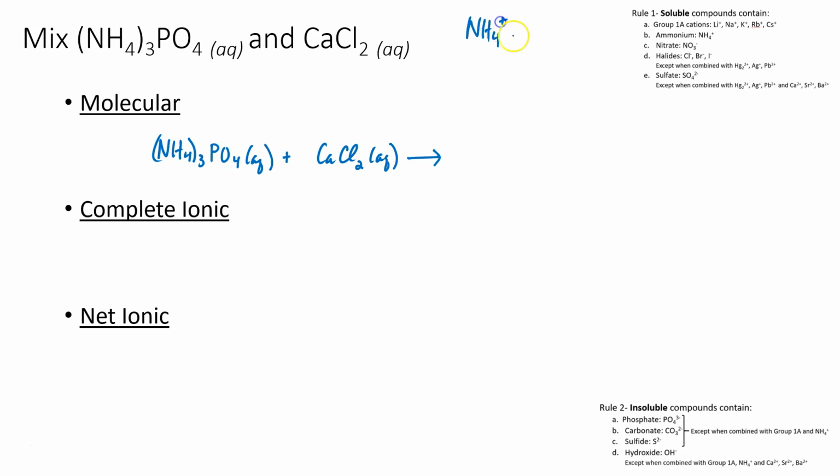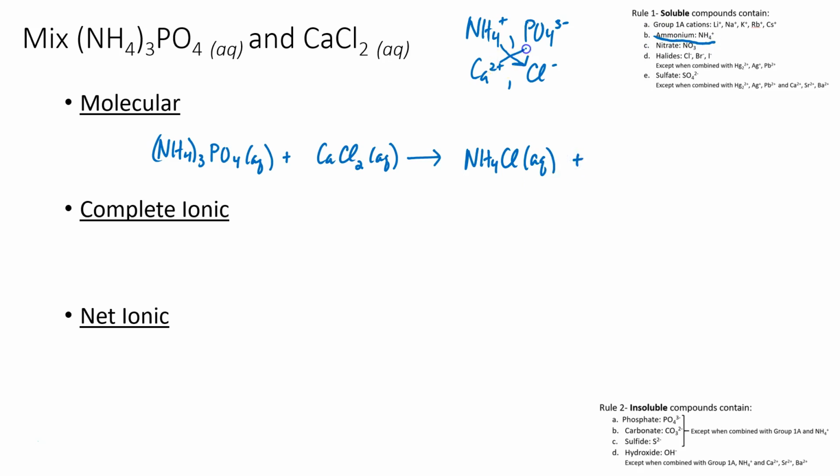I have ammonium ions and phosphate ions in my first compound, and calcium ions and chloride ions in the second compound. So now I'm just going to crisscross, and the first compound is going to be ammonium chloride. Notice ammonium has a +1, chloride has a -1, so the formula of that compound would just be NH4Cl. And notice that all ammonium salts are soluble.